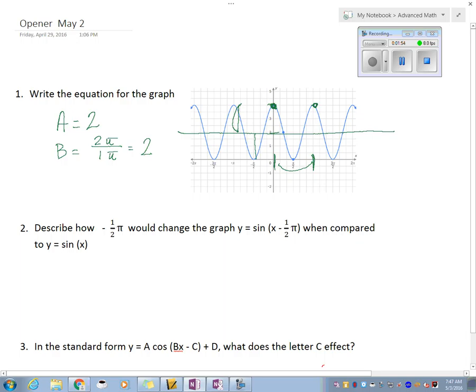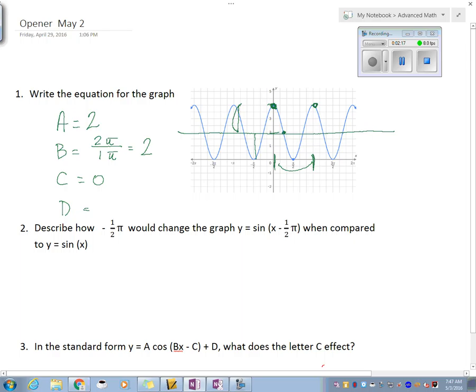Now, there's no shift on this. If you're using a sine graph, you would have to do a shift of 45 degrees, because this is what would need to be on the axis, right? But we're not doing sine, we decided to do cosine. So C is going to be 0. D is that midline move.